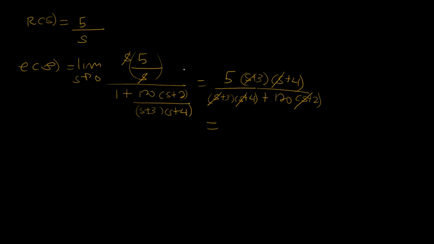So, compute natin. Sa taas, 5 times 3 times 4, 60. Then, sa baba is 3 times 4 plus 120 times 2, 12 plus 240, 252. So, magiging sagot natin dito is 60 divided by 252, which is 5 over 21.